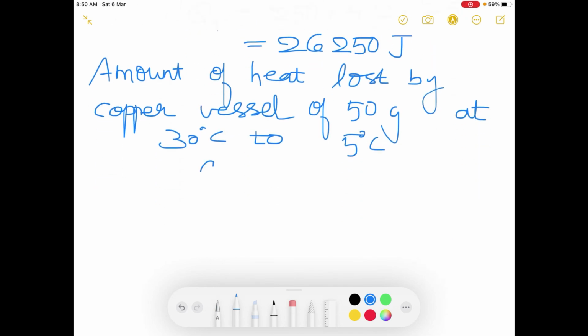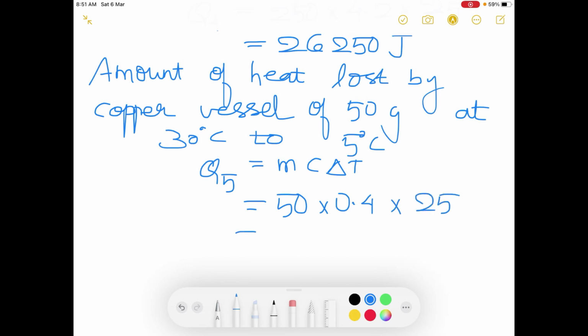Again એનું mc delta t થી જ મળશે. So Q5 is equal to mc delta t. માસ છે 50 ગ્રામ, c એનું આપેલું છે 0.4, and change in temperature 30 minus 5, that is equal to 25 degree Celsius. So calculation કરશું, it will be equal to 500 joule.